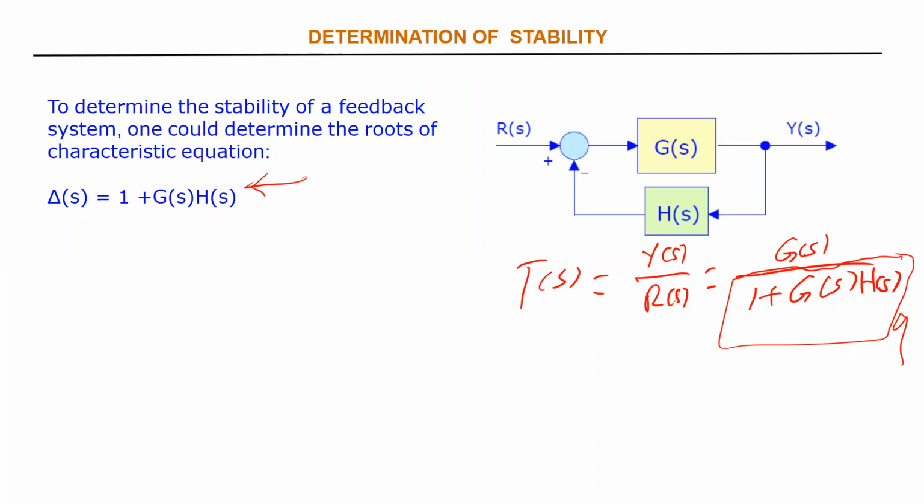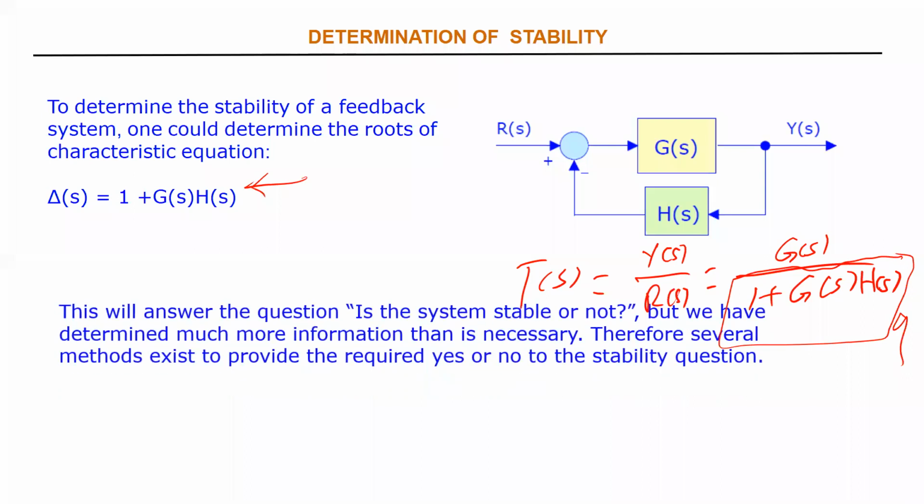Okay? Well, basically, to test if the system is stable or unstable, you find the roots of the characteristic equation, as I said. And that will tell you if they are in the left half plane, the system is stable, otherwise the system is unstable.